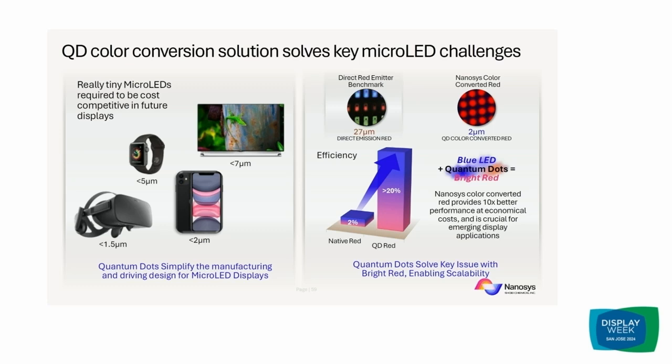But unfortunately, if you consider the size of the micro-LED shrinking, the efficiencies often go down, and this problem is particularly bad for the red micro-LED. With color conversion from quantum dots, it's actually possible to do patterning directly on micro-LEDs with really high precision and uniformity.